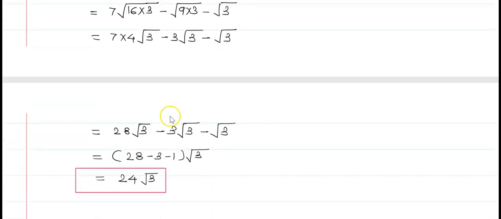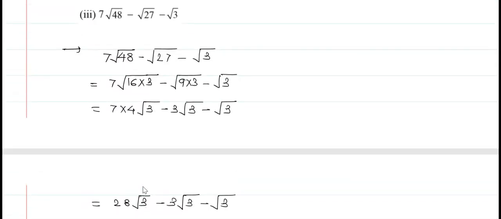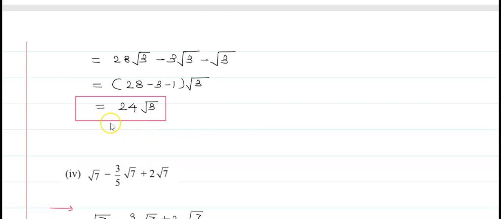Now 7 into 4 is 28, minus 3 root 3, minus root 3. If you take root 3 as common, then you will get 28 minus 3 minus 1. That is 24 into root 3, and this is the simplest form for this third. The answer is 24 root 3.